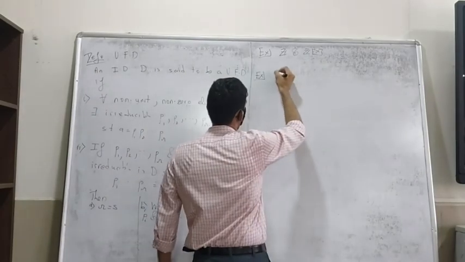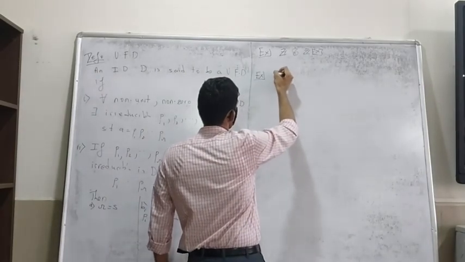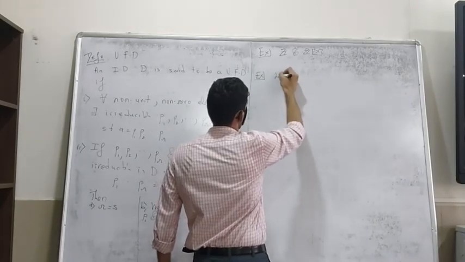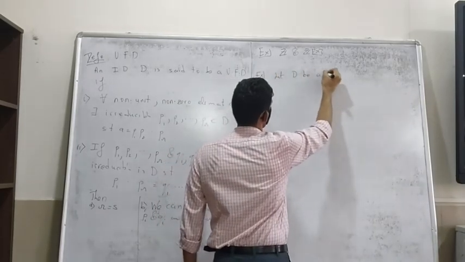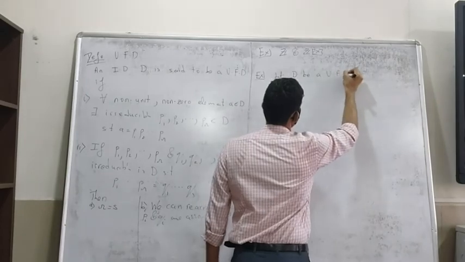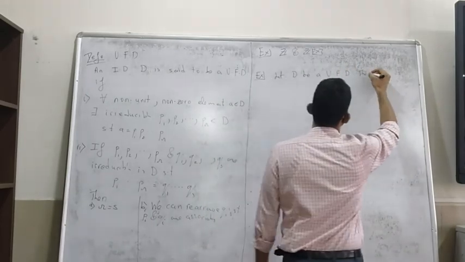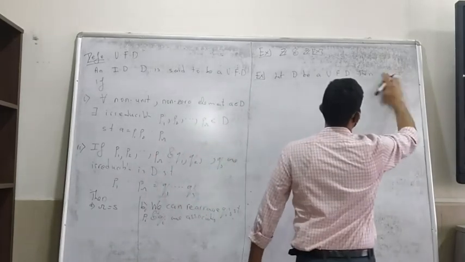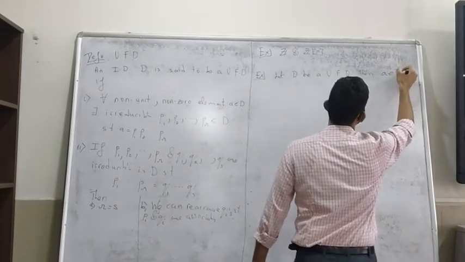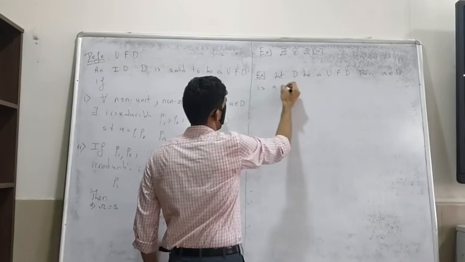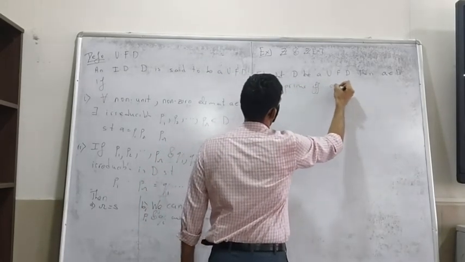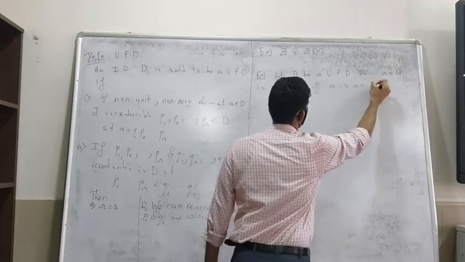So let D be a UFD, then A belonging to D is a prime if and only if A is an irreducible.